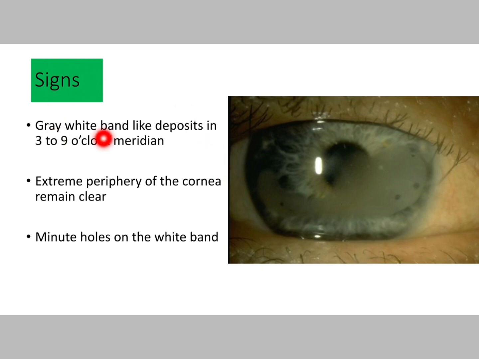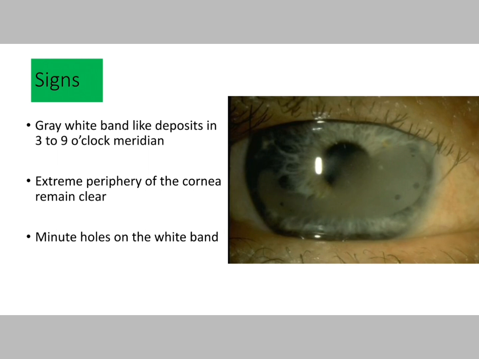These are the signs where you will see a gray-white band deposit on the palpebral fissure at the 3 to 9 o'clock meridian. The extreme periphery of the cornea will be quite clear because of the limbal vessels. Here the minute holes on the white plaque are also there. Why? Because of the nerve endings. These nerve endings can penetrate the calcium deposits.